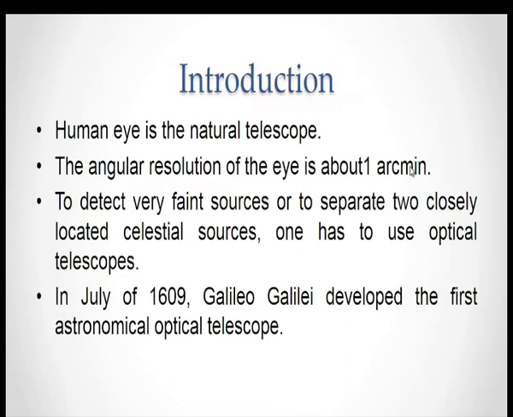Human eye is a natural telescope. Human eye can produce a nice image if an object is at a particular distance. For a 20/20 vision, a human eye should be able to resolve a 1 centimeter object at a distance of 10 meter.